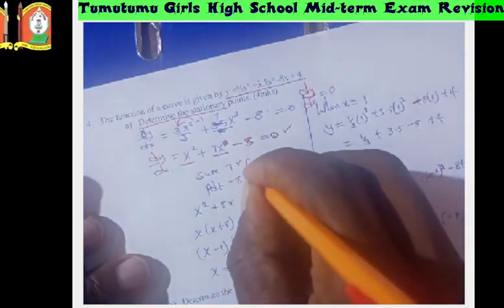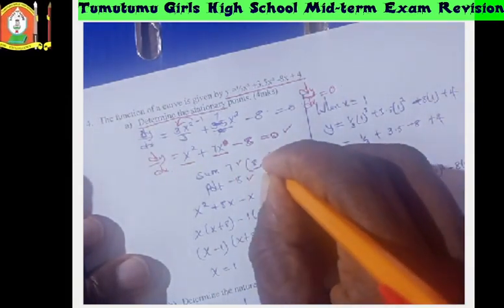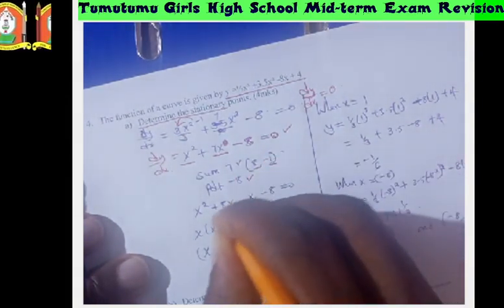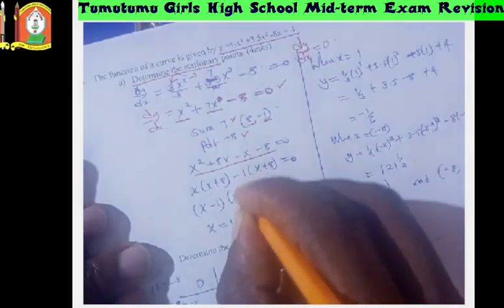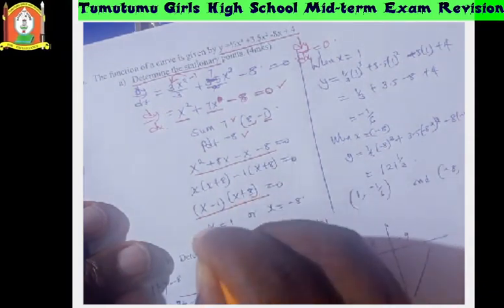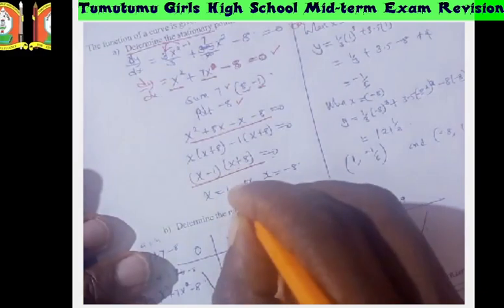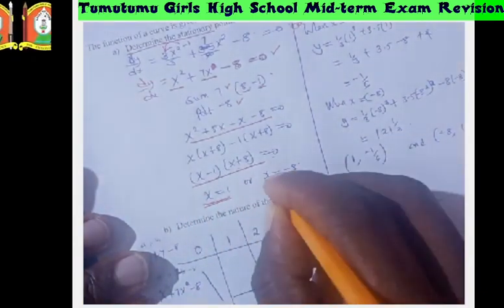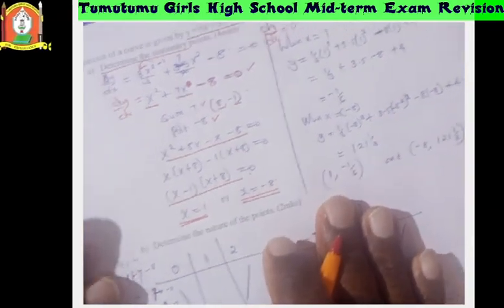Sum 7, product negative 8, the two numbers are 8 and negative 1. We factorize and we get (x minus 1)(x plus 8) equals 0. So the value of x is equal to 1, and the value of x is equal to negative 8.